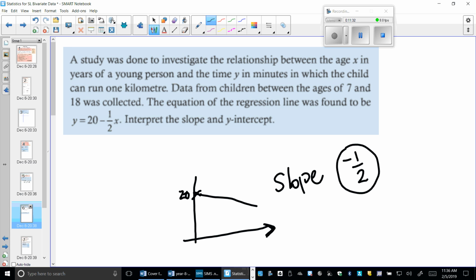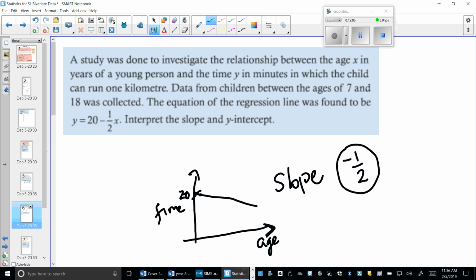What does it represent? The age of the children, yes? And what did this axis represent? The time. Yes? The information's up there, yes? Okay, so the time in which they can run 1 kilometre.